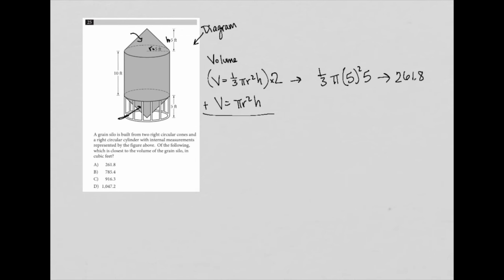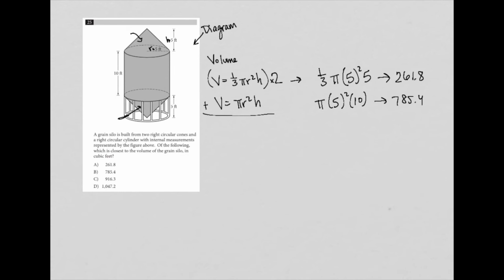So the final here that I get is 261.8. And then for the cylinder, again, I have pi. The radius for the cylinder is the same as the radius for the cone, so that's going to be, again, 5 squared. And then the height for the cylinder is actually 10. So in my calculator, 5 squared is 25. 25 times 10 is 250. 250 times pi is 785.4.